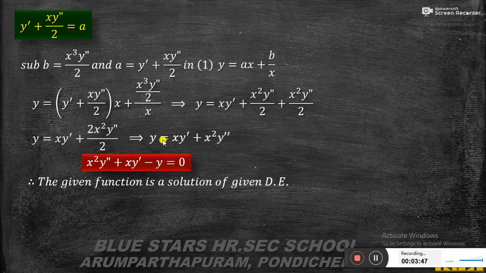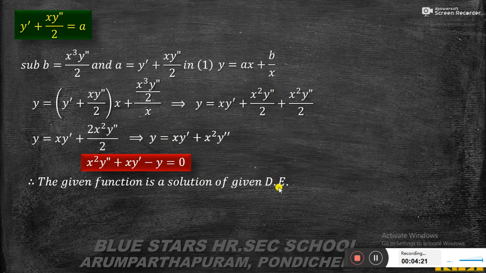In the next step I write y equal to, the first term as it is, xy dash, plus, the second term, numerator 2 and denominator 2 cancelled, so the remaining term is x square y double dash. So therefore x square y double dash plus xy dash, this y I write on the right hand side, so minus y equal to 0. Therefore x square y double dash plus xy dash minus y equal to 0. So therefore the given function is a solution of the given differential equation.